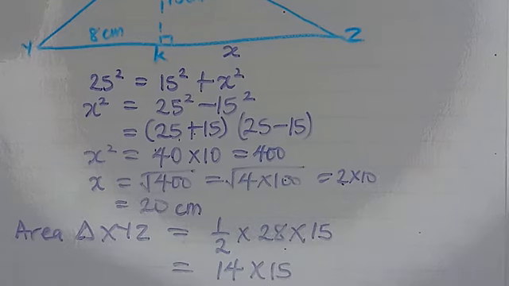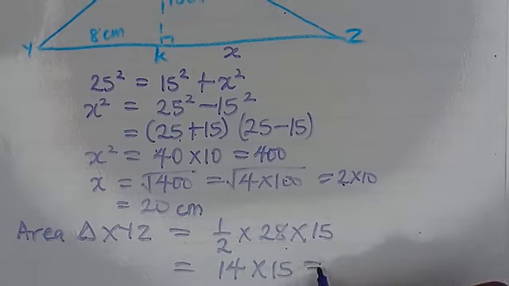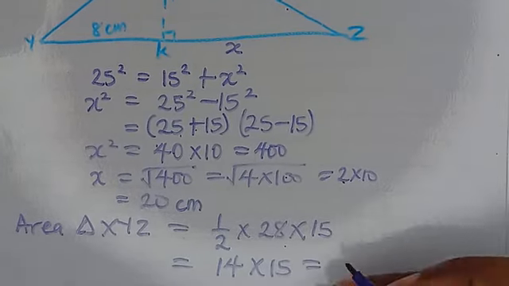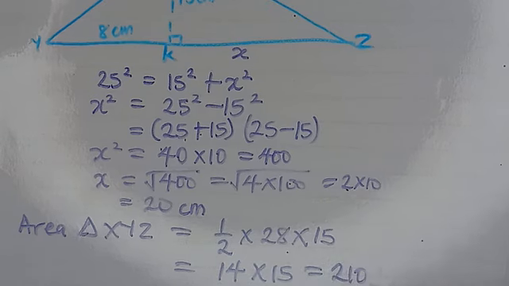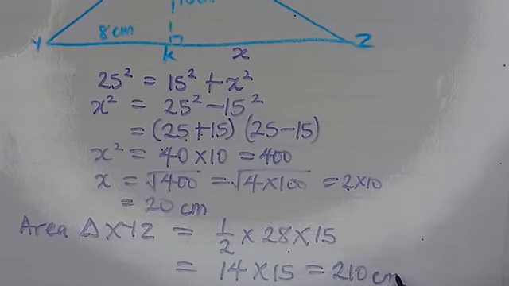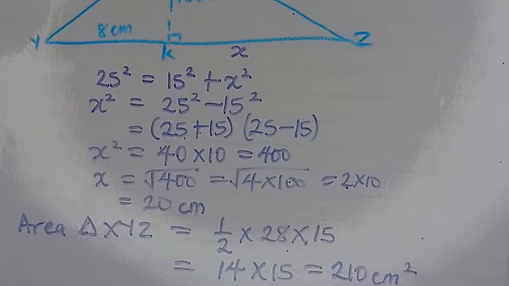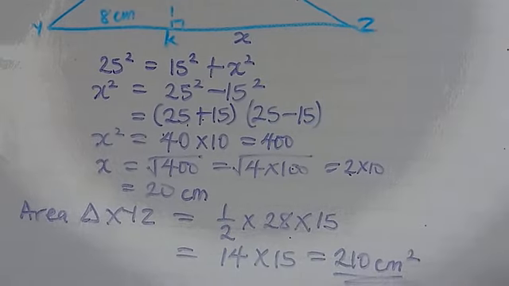And when we punch that, we have that it is equal to 210 cm squared. Area is in units squared.